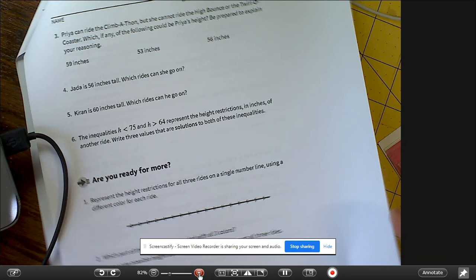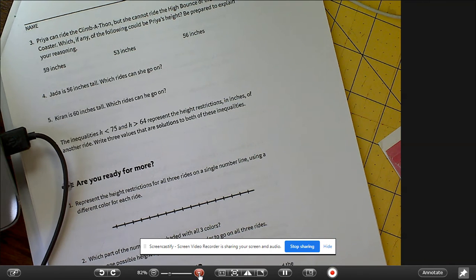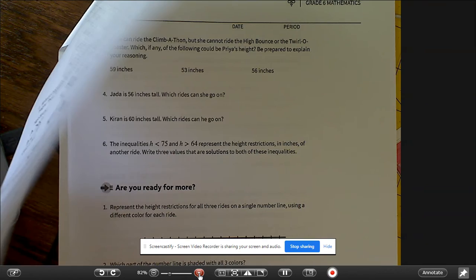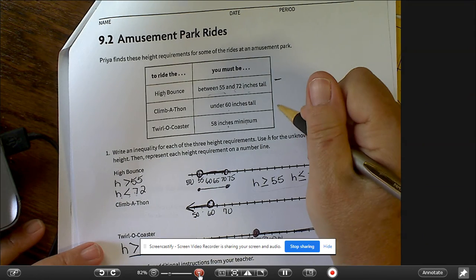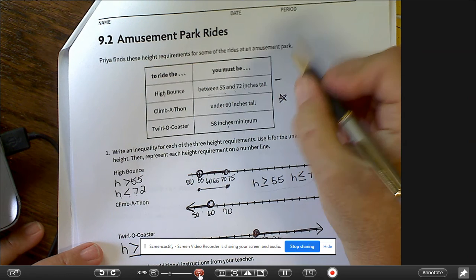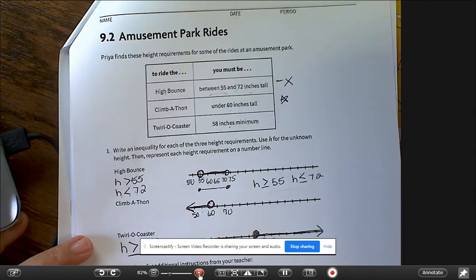All right, number 3. Priya can ride the climathon, but she cannot ride the high bounce or the twirl coaster. Which, if any, of the following could be Priya's height? Be prepared to explain. So she can ride the climathon, but she cannot ride this one or this one.